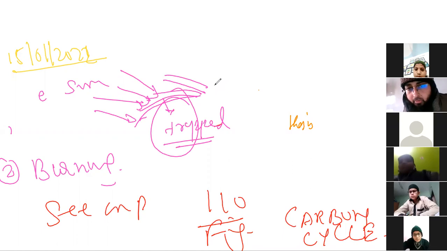Some of the heat is reflected back, and some of the heat is trapped. It will not be 100% reflected back. That is called the greenhouse effect. Is it clear?